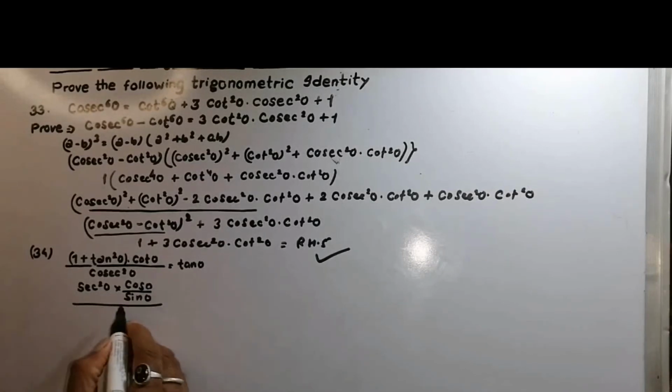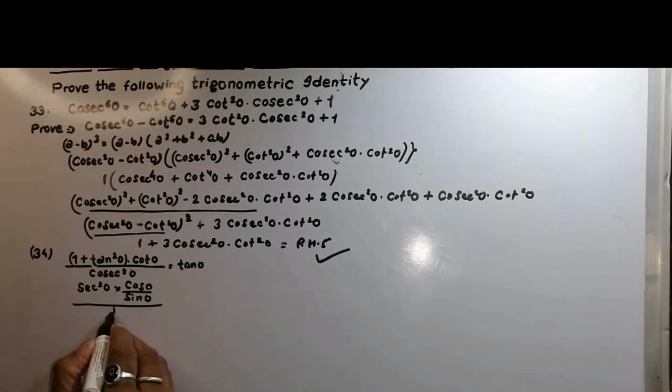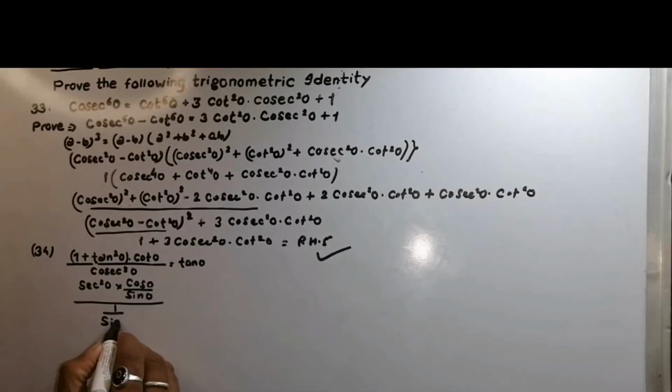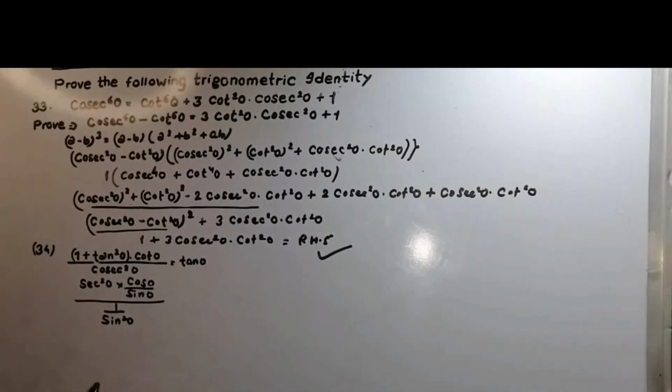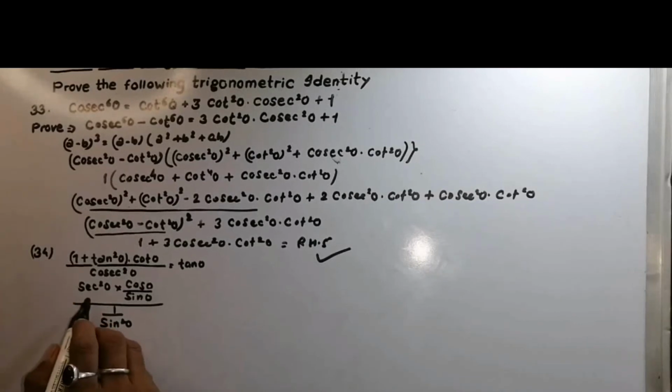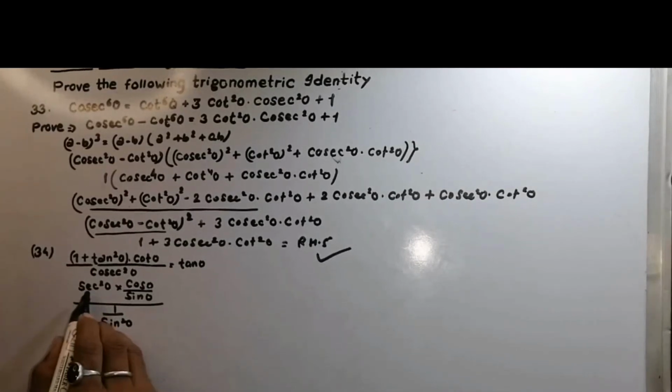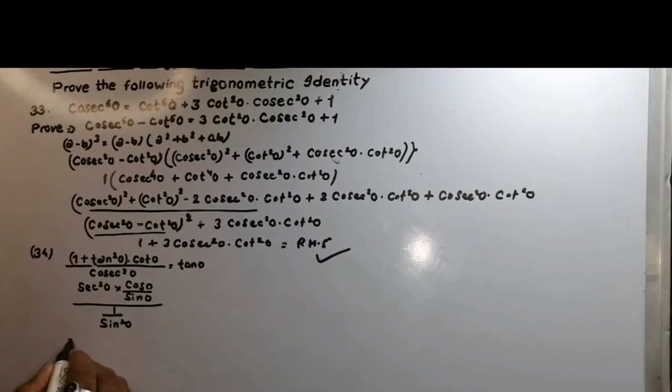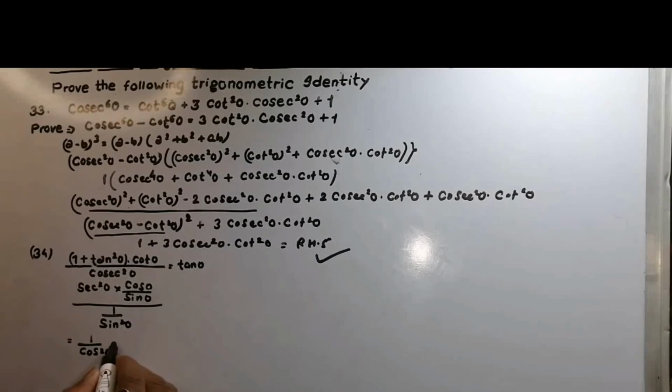And in place of cosec square theta, we can write 1 upon sin square theta. And further, we can change sec square theta as 1 upon cos square theta, and into cos theta upon sin theta by 1 upon sin square theta.